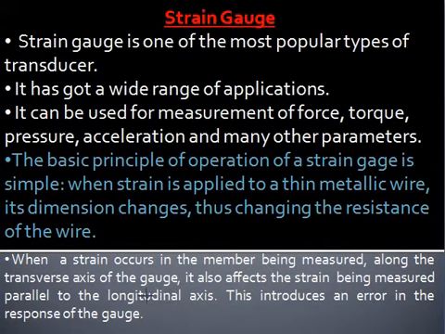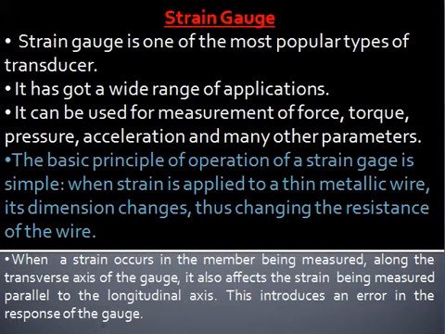What does this sentence say? Whenever force or torque or pressure is applied on any member, any surface, changes happen in the transverse axis as well as the longitudinal axis. And till now the strain gauge we have discussed was only placed in the longitudinal axis, and having only the longitudinal axis strain gauge introduces an error in the response of the gauge.